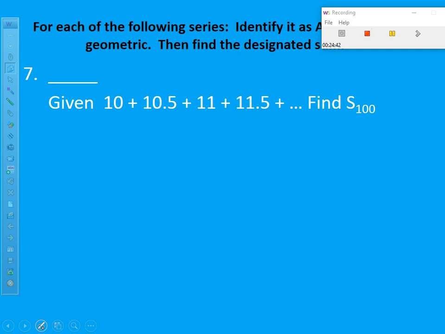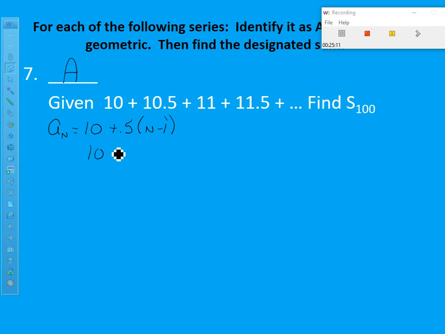Next to the last one, my sequence goes 10, 10.5, 11, 11.5. In this case, it's arithmetic because I'm adding 0.5 every time. Since I do not have the formula, let's go get it. a sub n equal 10 plus 0.5 times n minus 1.